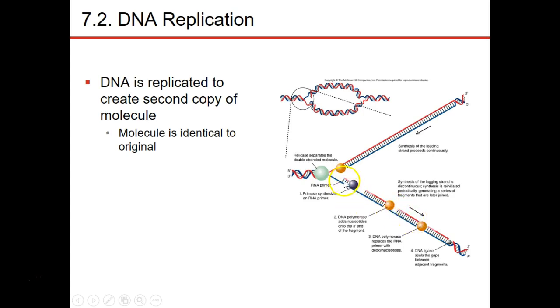And then again, an RNA primer and a DNA polymerase. Here's the primase, and then the DNA polymerase will bind here, and we'll get another segment of daughter strand produced. Then DNA ligase will come along and seal everything together. This is the lagging strand, this is the leading strand.